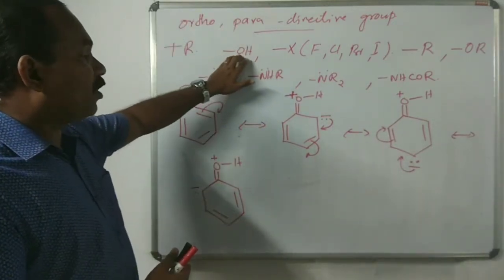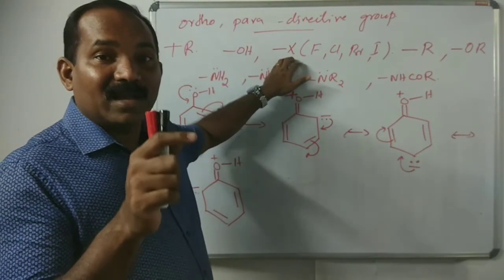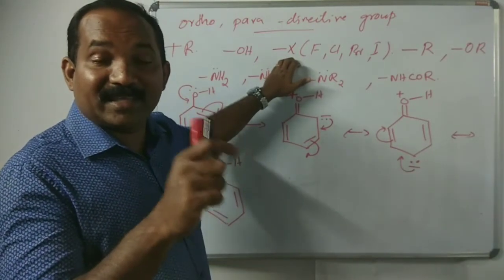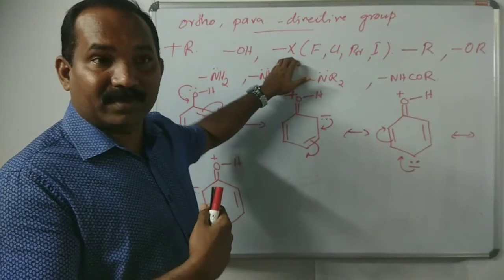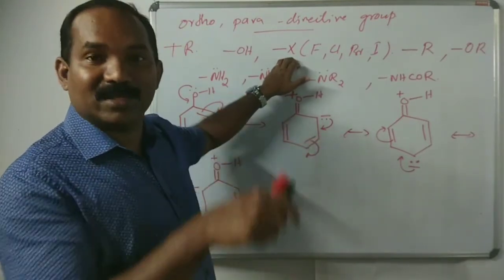For the functional groups OH and halogens, remember that halogen is a minus I group, withdrawing electrons from the benzene ring. However, it is a positive resonance group.